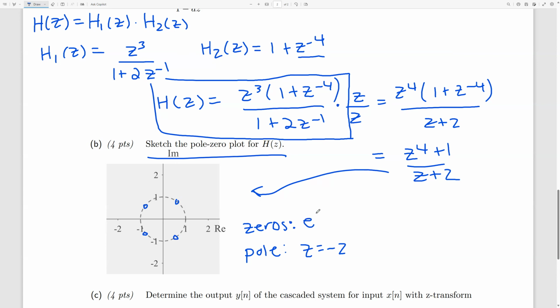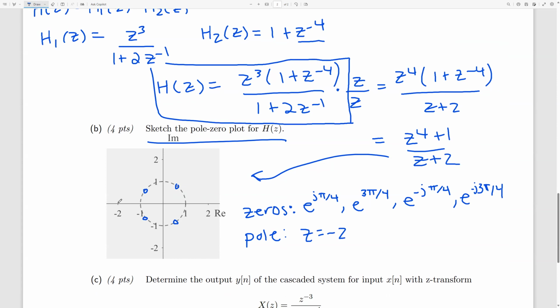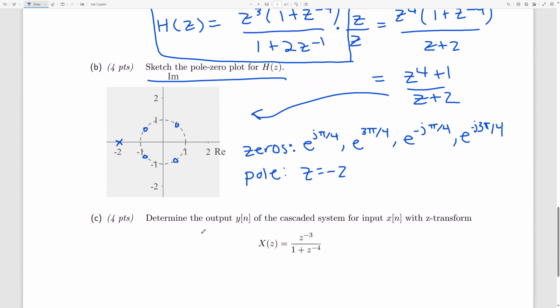I'll just write them as e to the j pi over 4, e to the j 3 pi over 4, e to the -j pi over 4, and e to the -j 3 pi over 4. Those are my zeros, and my pole is z equals -2.